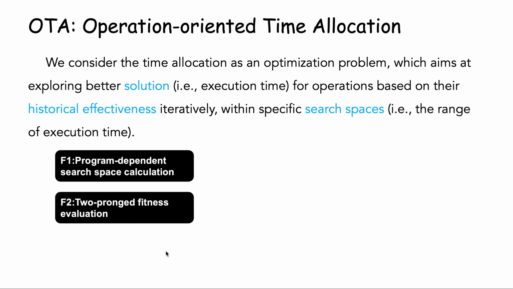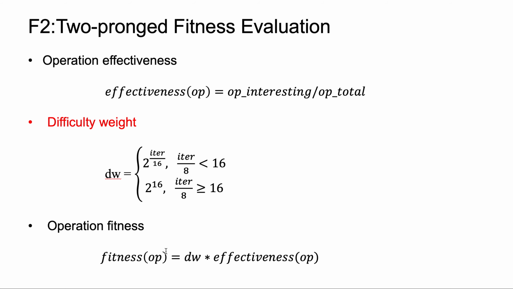The second feature is two-pronged fitness evaluation. Our insight is that the difficulty of generating interesting test cases increases over time. Therefore, we should not evaluate an operation based only on its effectiveness at different times.